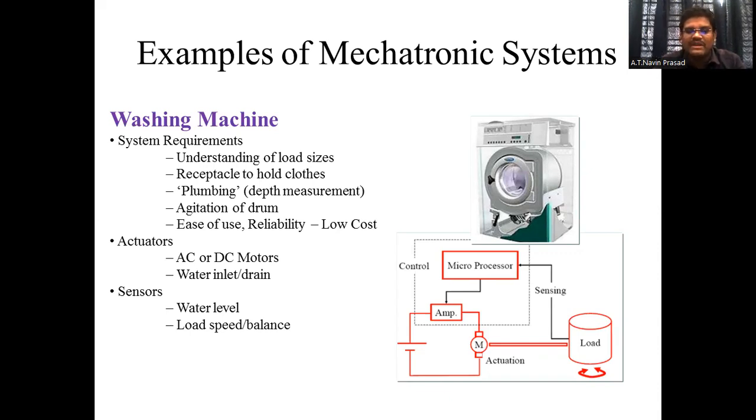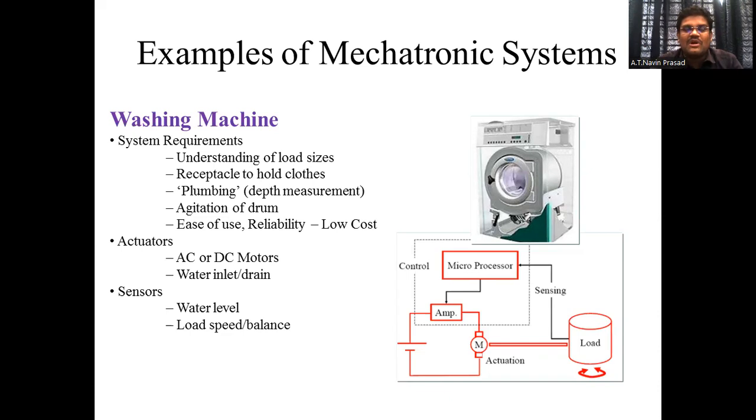If you put very few cloths, we can fix the water level as 2 or 3 in order to save water, and we can also set the timer. For example, if you want to rinse or soak the cloths for a few minutes by putting in soap or washing agents, we fix some time for soaking. Using this system, we can fix the time like 10 minutes, 15 minutes, 20 minutes, and we can also fix the water level.